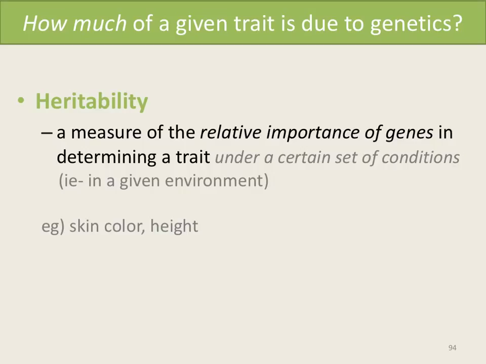Heritability. How much of a given trait is due to genetics? It's a measure of the relative importance of genes in determining a trait under a certain set of conditions. This is important. Under a certain environment. Okay? In plants, in these trees, there's a Krumholtz variety of many different species that live at high elevation.